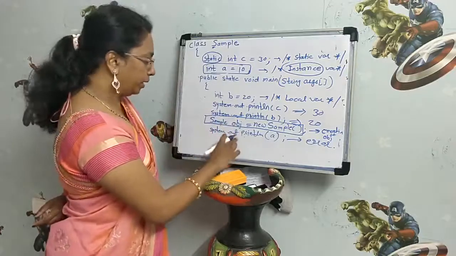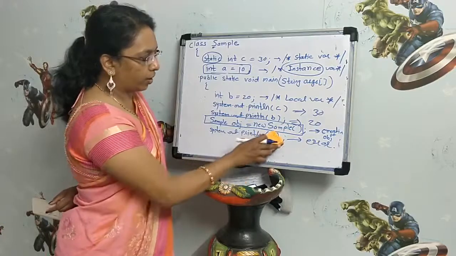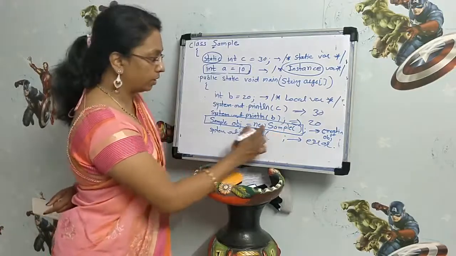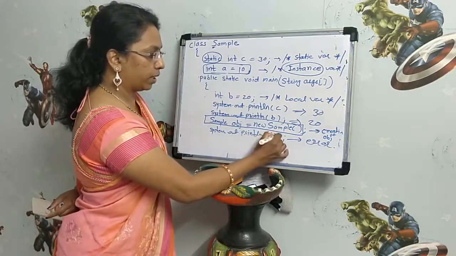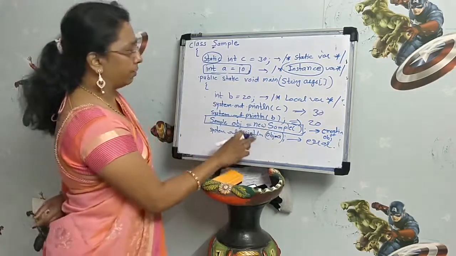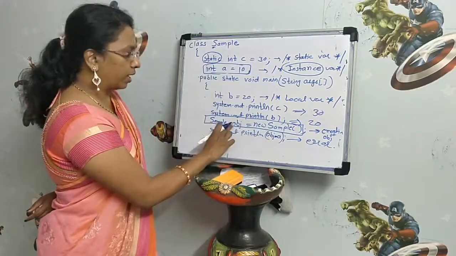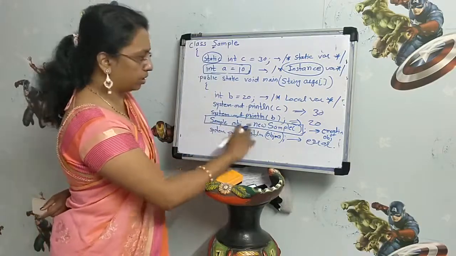And while printing, System.out.println, instead of writing a, I must write obj, that is the object name, dot variable name. So using this operator I am accessing this instance variable through the object. First I need to create the object using this syntax.